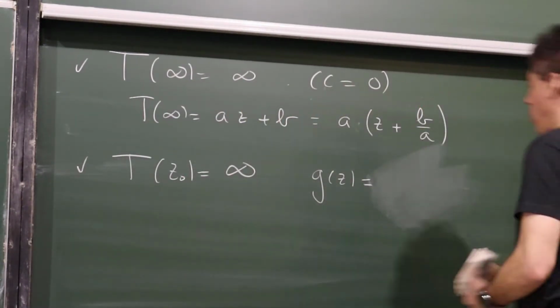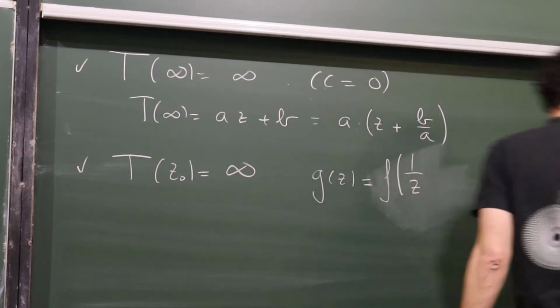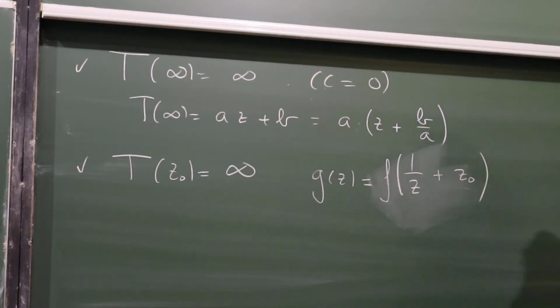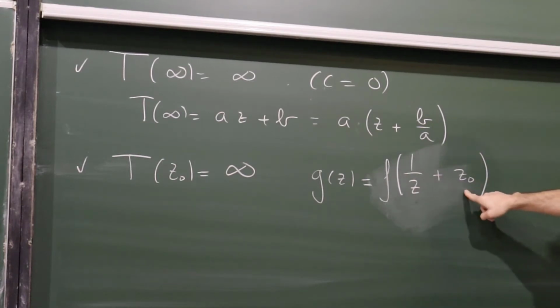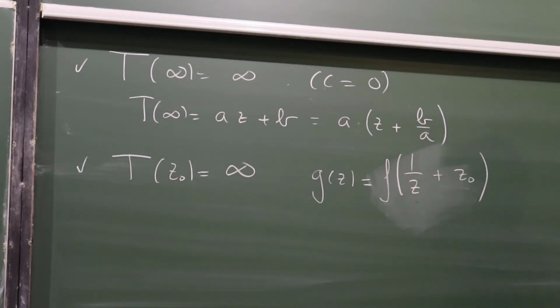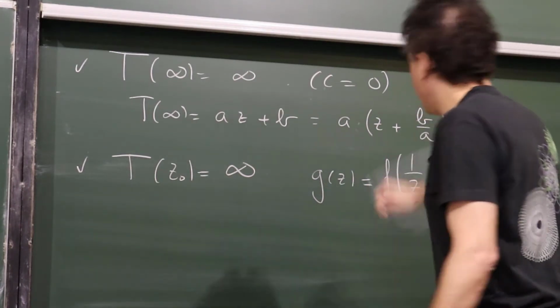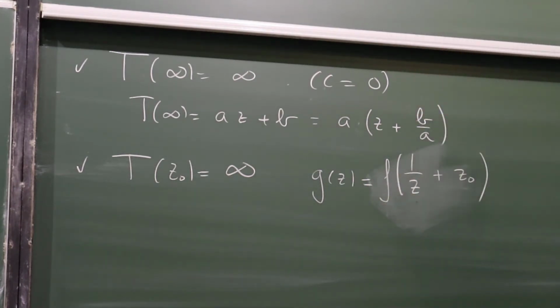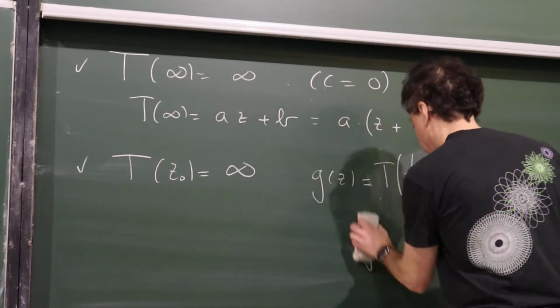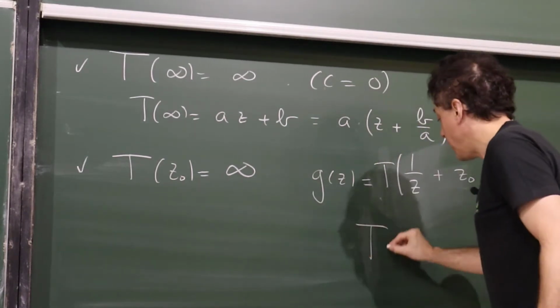The map T of 1 over Z plus Z0. This map takes infinity to infinity: infinity goes to 0, then to Z0, and then to infinity. So this map can be written as the composition of a translation and a homothety. This is T, not F.